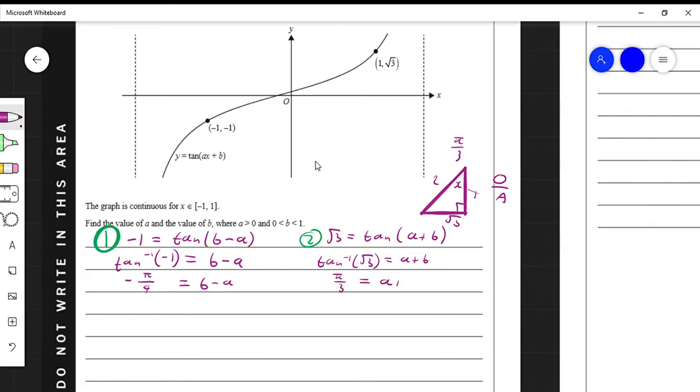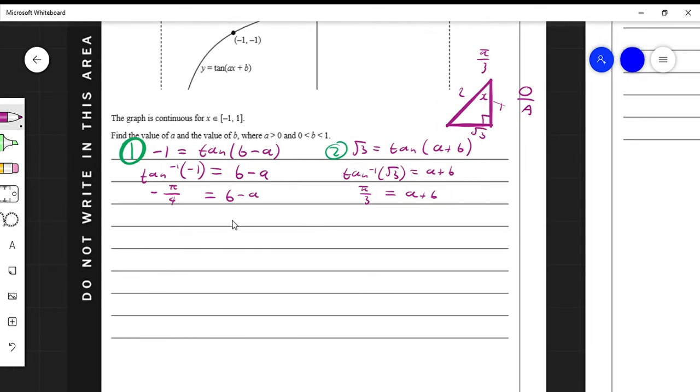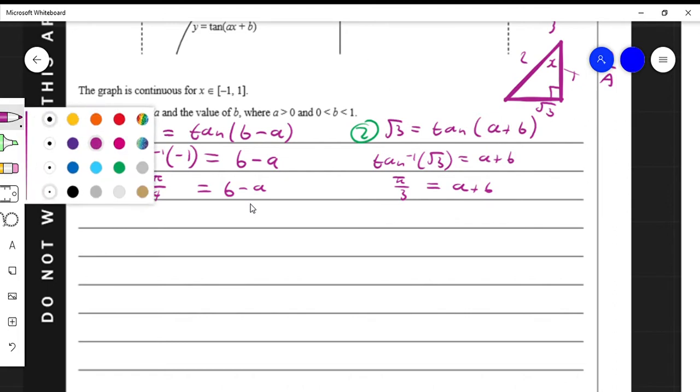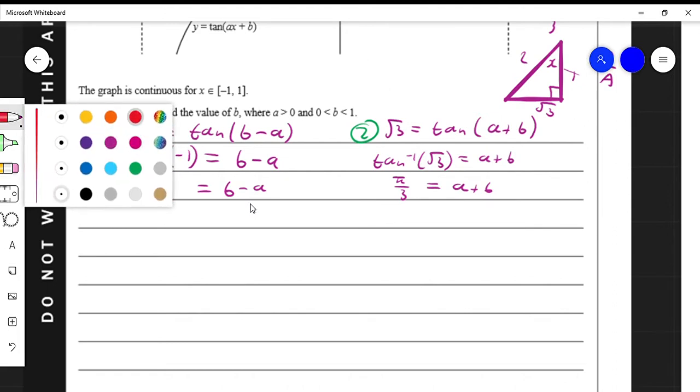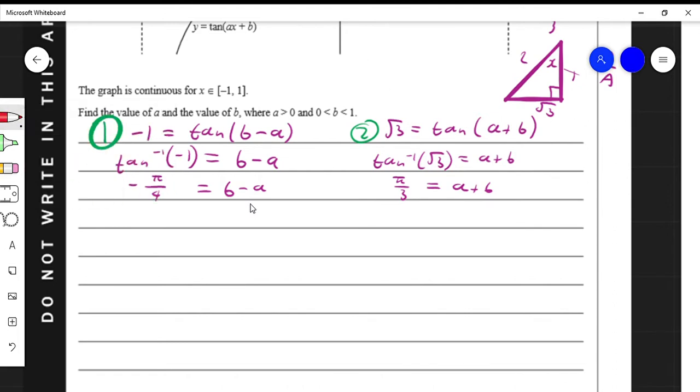So we get our second equation for A and B. So now what we can do is I'm just going to rearrange this first equation in terms of A. So we get B equals A minus pi on 4. And then we're going to substitute it into equation 2. So that gives us pi on 3 equals 2 times A minus pi on 4.